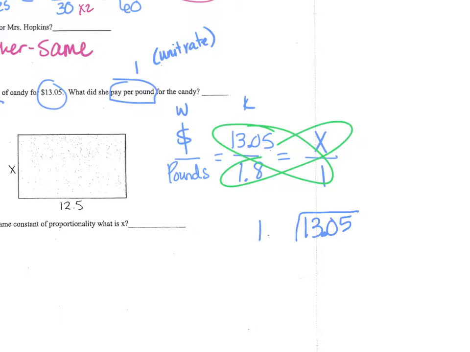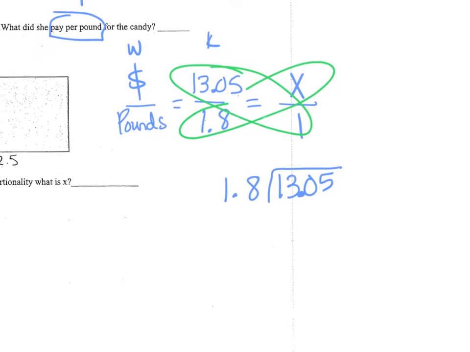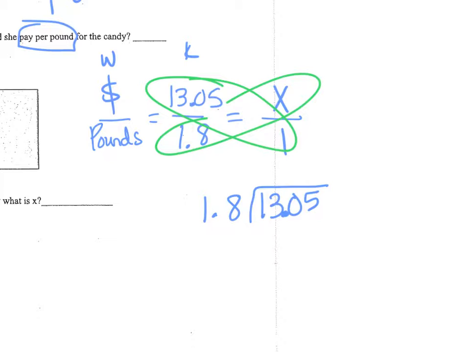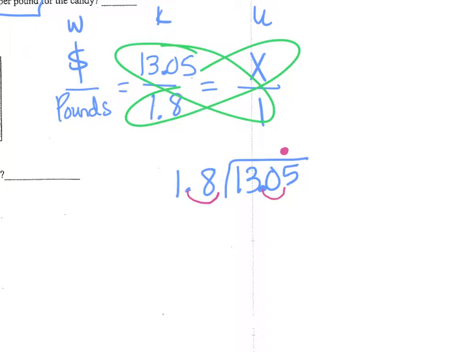13.05 divided by 1.8. If I'm dividing and there's a decimal on the outside of my box, do you remember what to do? Move it over as many times. Good. I need to move that outside decimal as many times as it takes to get to the end, so just once. So I'm going to move my inside decimal that same number. So just once. And then we'll divide.